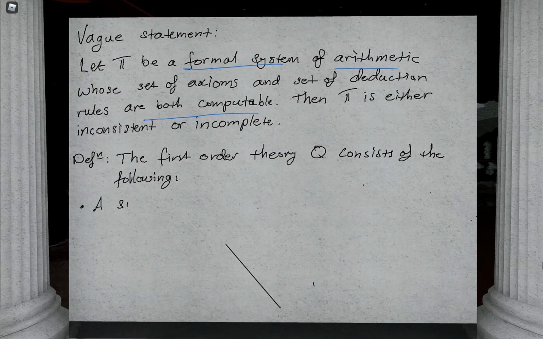So we have a single sort, which I'll label A. We have 4 function symbols. These are 0, the successor, plus, and multiplication.